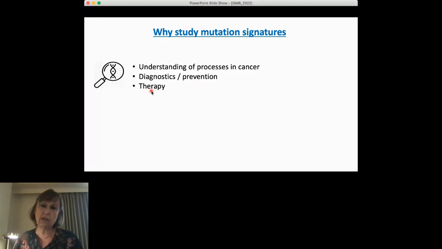As I mentioned in the first slide, the deficiency of certain DNA repair pathways can be direct causes of appearance of mutation signatures. And our understanding of which pathway is really deficient may help us to identify complementary pathways that need to be attacked with drugs in order to kill cancer cells through the synthetic lethality process.